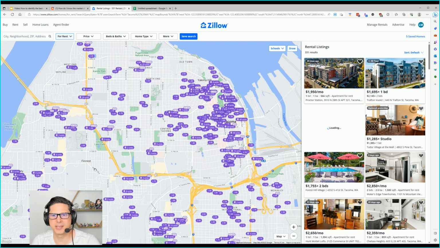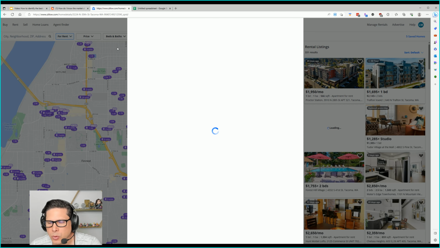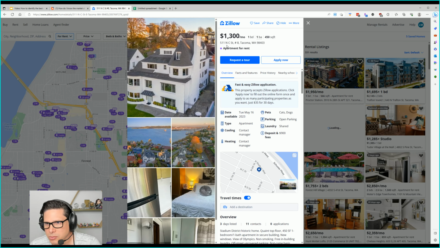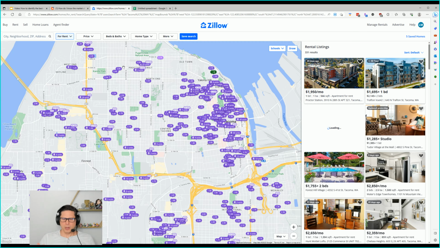But the fact that it's peppered here and there, I bet these are just houses, whereas the ones in much higher concentrations are most likely condos or units. So this one is an apartment for rent for 1,300. So that's one piece of information you could get from this.